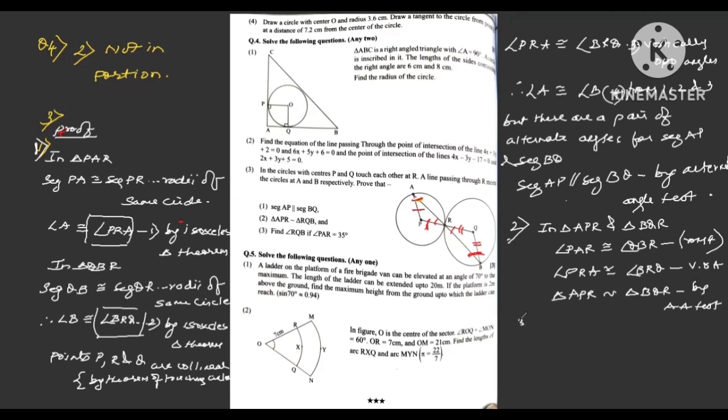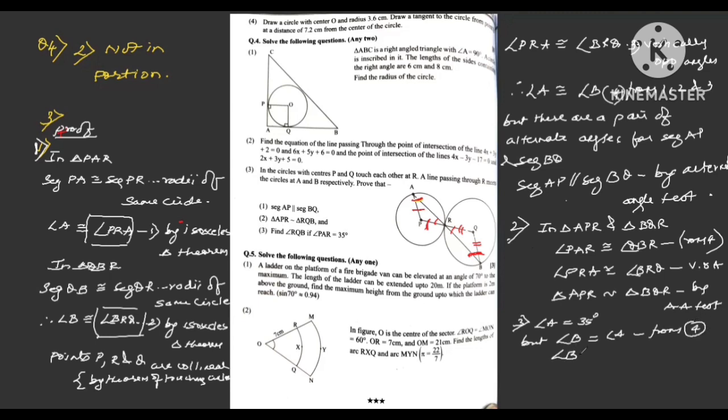Now the third one, children. I want to prove this, angle PAR is 35. So what is angle RQB equal to? See, angle A equals 35. But angle B is equal to angle A from the fourth statement.